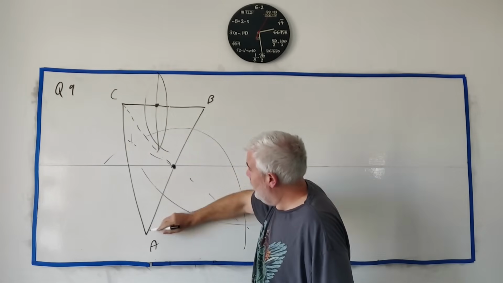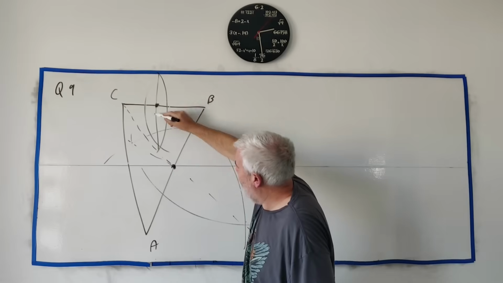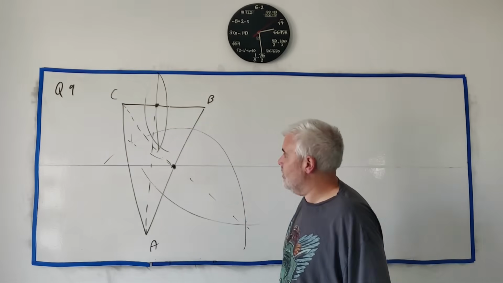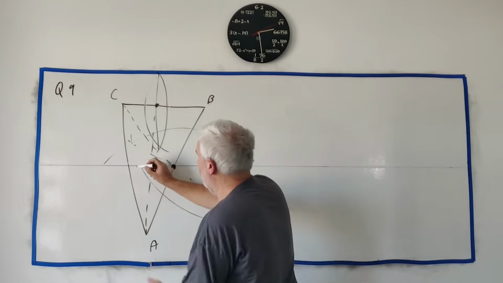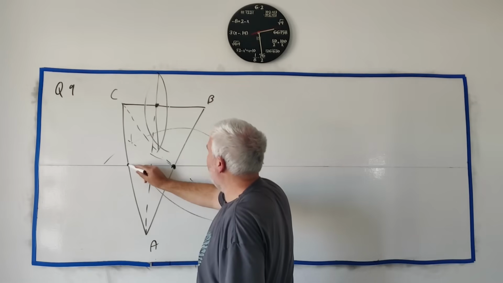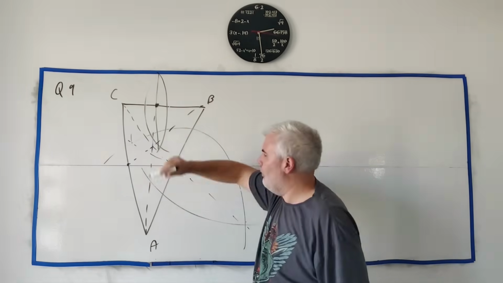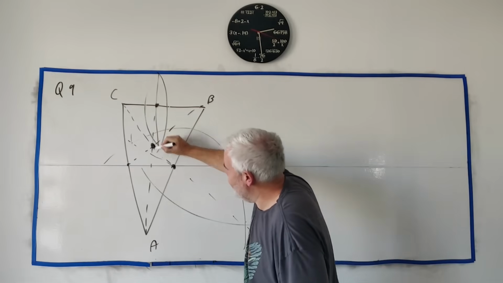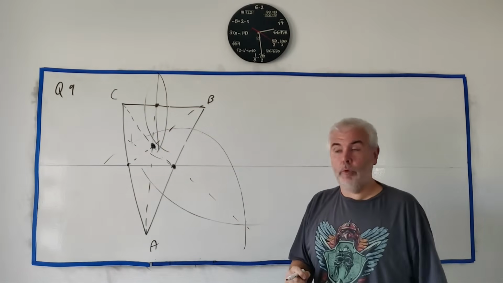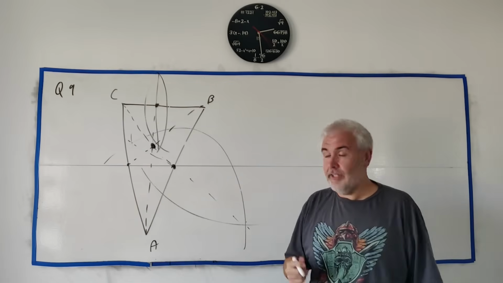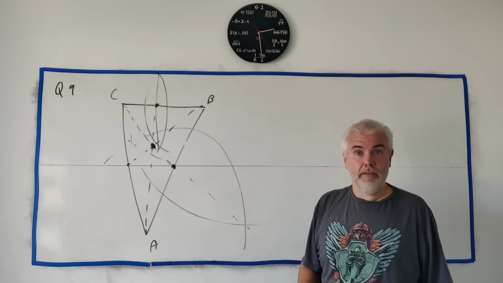This midpoint to the opposite corner, down like this. Imagine I got the midpoint here. The midpoint here to the opposite corner. All three of these lines, you only need two of them, but all three of these meet at this center point. This center point is called the centroid, and that's the answer to part A.